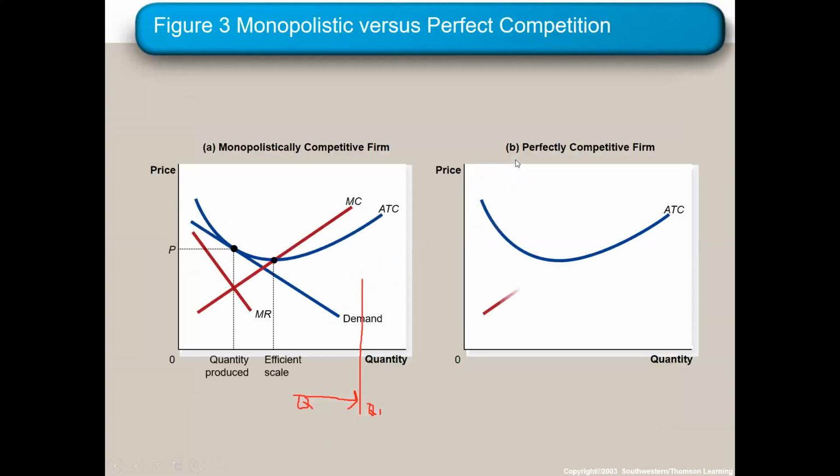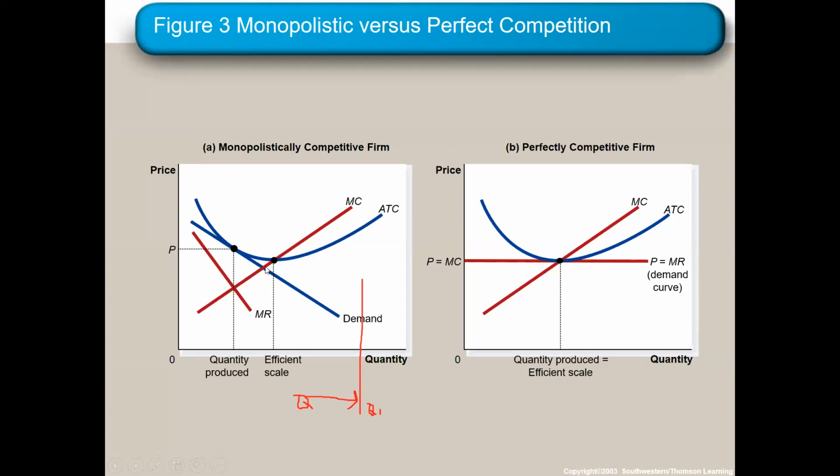He has monopolistic competition versus perfect competition. Both in the long run have zero economic profit, price is equal to ATC. Now in monopolistic competition, you're not allocatively efficient.